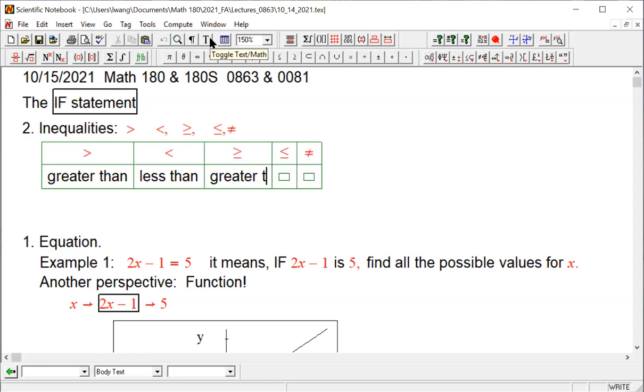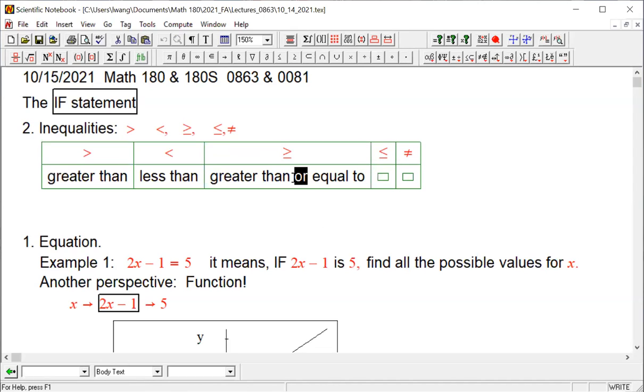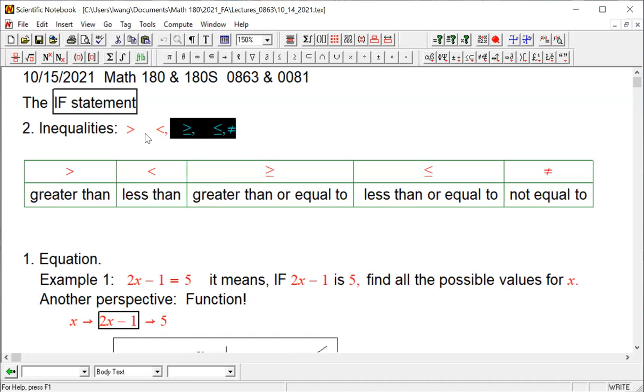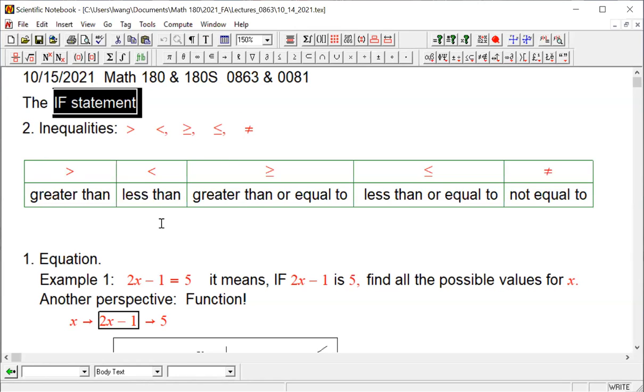Remember, and and or are different. Your truth table, we have questions about truth table on the exam, right? The difference between and and or. Less than or equal to. The last one, not equal to. Okay, so these are the second kind of if statement.